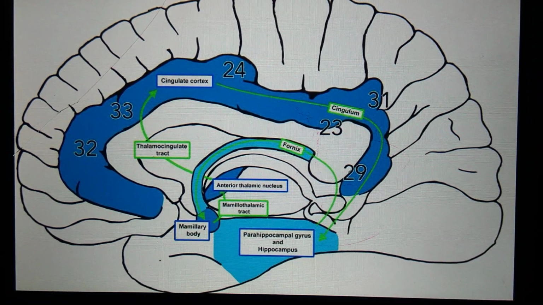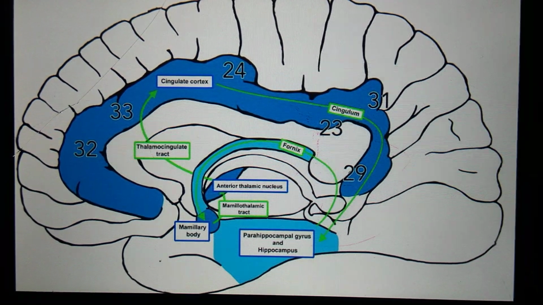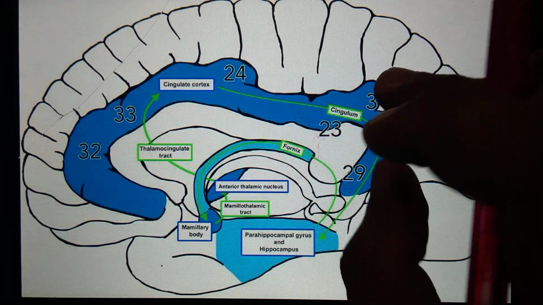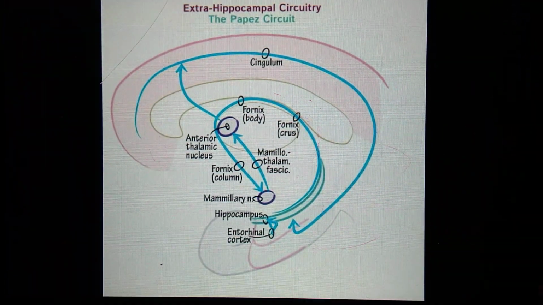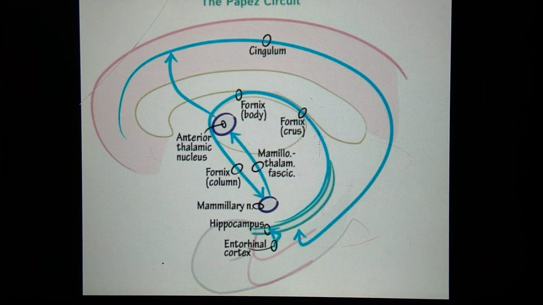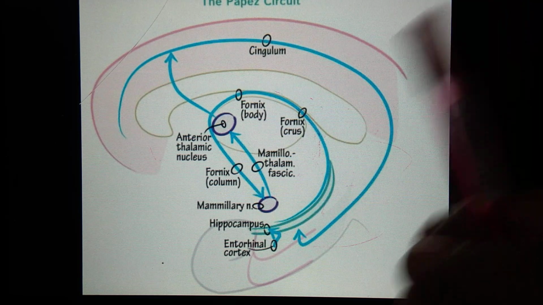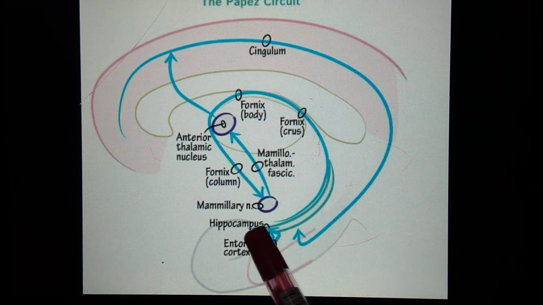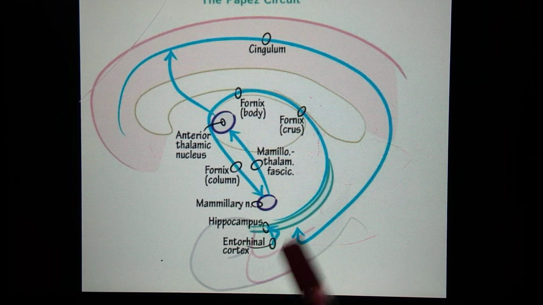So let's talk about the Papez circuit once again. Look here, this is another, very simple diagram. This is the hippocampus, and this is the entorhinal cortex.